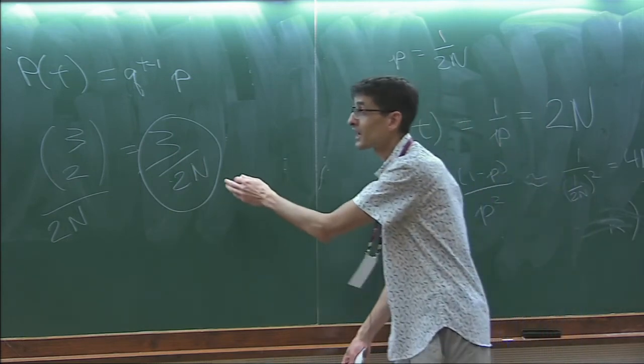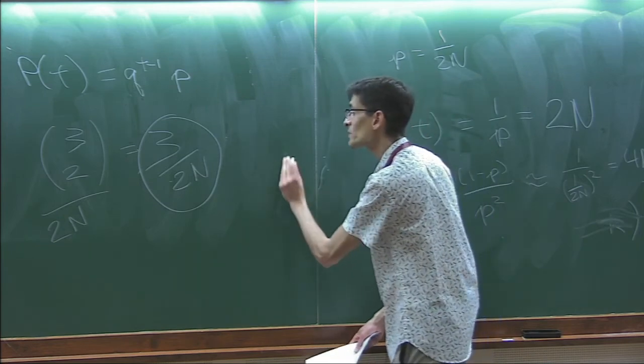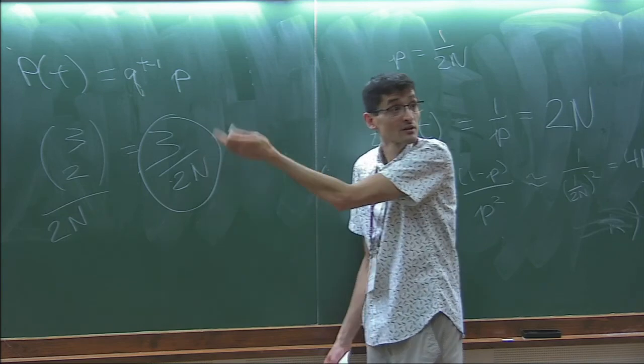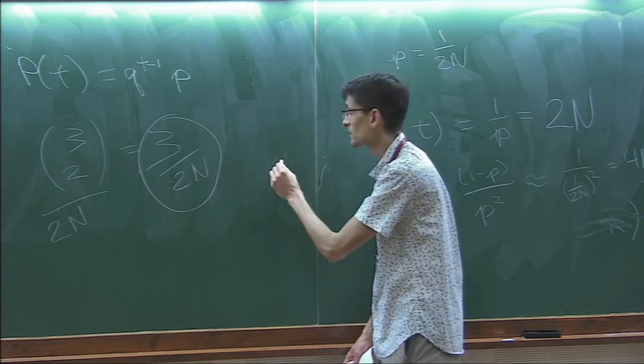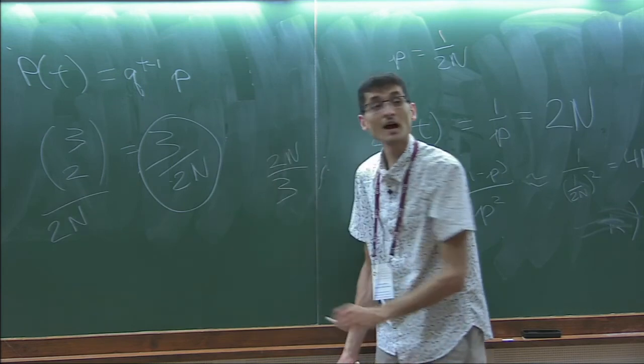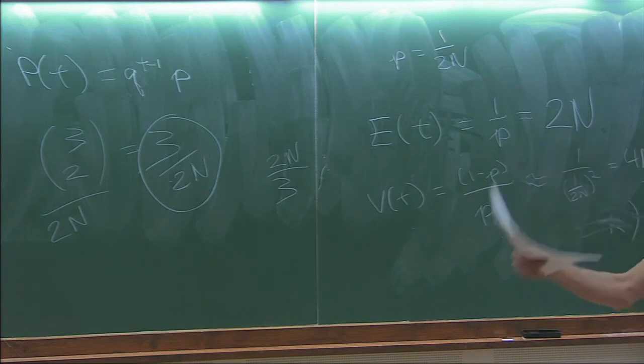And so on average, we would have to weight the 1 over this time. So that would be 2n over 3. That would be the average waiting time to go from 3 alleles down to 2 alleles.